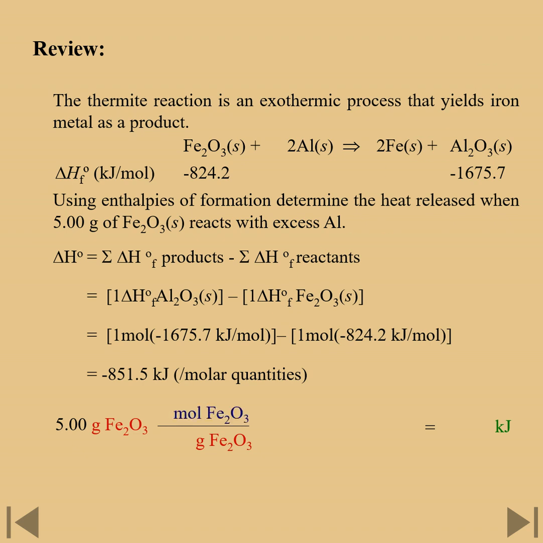Or moles. So first into moles of iron 3 oxide. And then from moles of iron 3 oxide, we can go straight to kilojoules. Molar mass of iron 3 oxide, 159.7 grams. Molar mass, and then negative 851.5 kilojoules per each mole of iron 3 oxide.